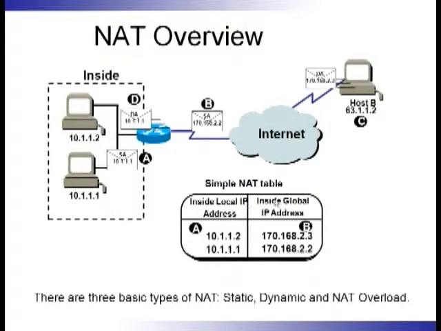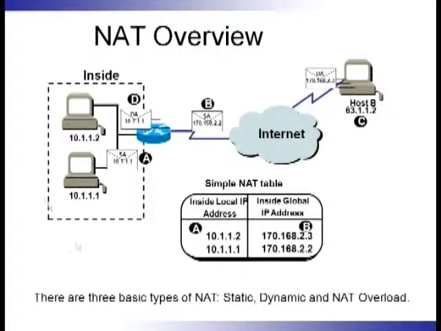Whenever they go out, they're going to use these addresses. 10.1.1.1 will use 170.168.2.2, and 10.1.1.2 would use 170.168.2.3. That's how we're going to be known on the internet. This router then, when it receives a packet for 170.168.2.3, says, oh, you mean 10.1.1.2, and forwards it there. So this NAT table is very important, and this is going to be on our gateway to the internet typically.